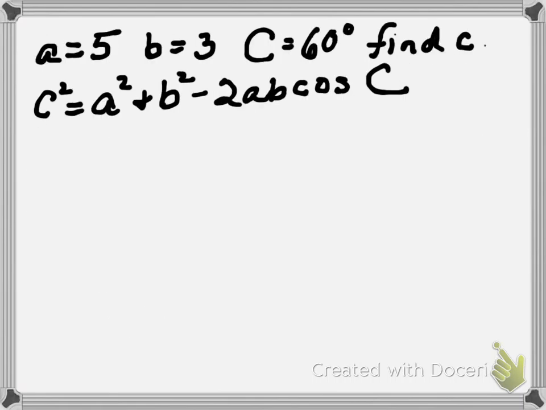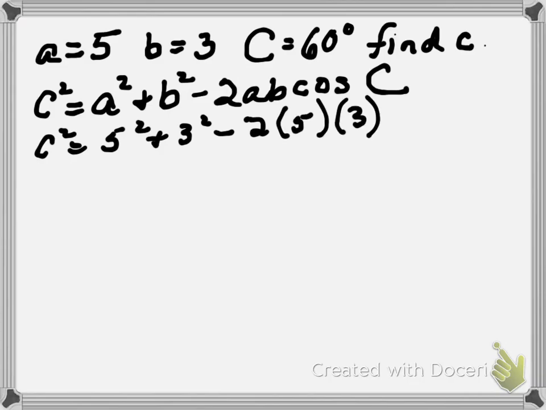Because it's angle C, C squared equals A squared plus B squared minus 2AB cosine C. C squared equals 5 squared plus 3 squared minus 2 times 5 times 3 times the cosine of 60.